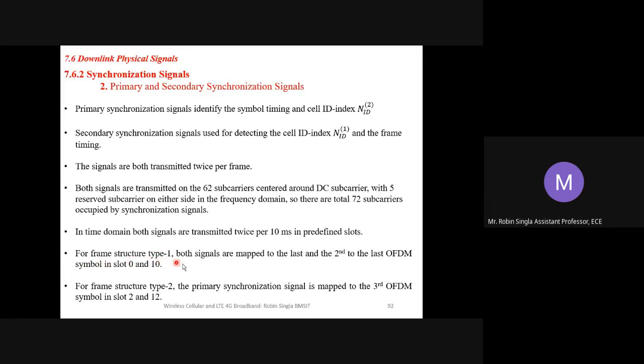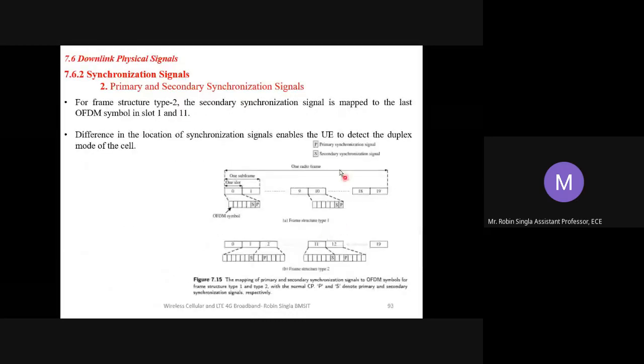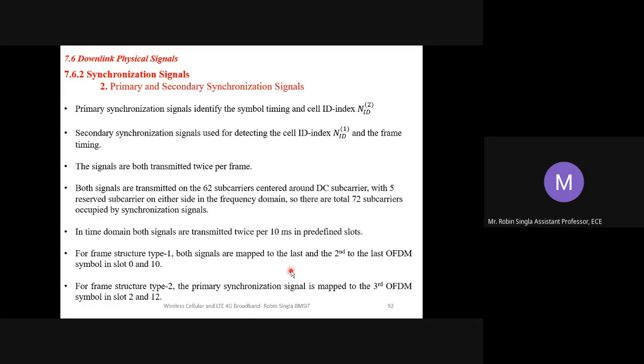For frame structure type 1, both signals are mapped to the last and second to the last OFDM symbols in slot 0 and 10. You see here, P is for your primaries. Wherever P is written, that is for primary synchronization signal. S is written, secondary synchronization. So for type 1, both signals are mapped to the last and second last OFDM symbol in slot 0 and 10.